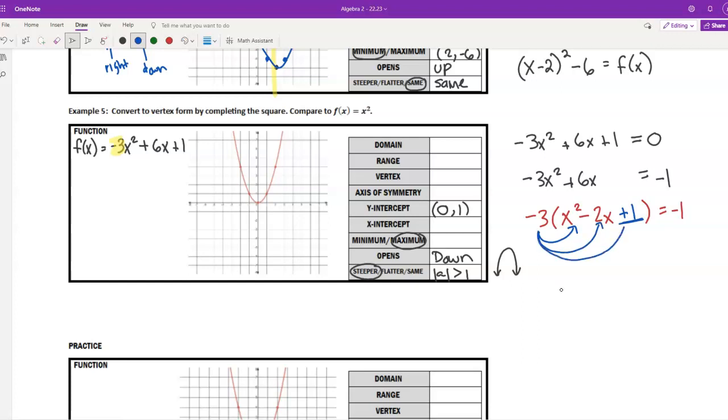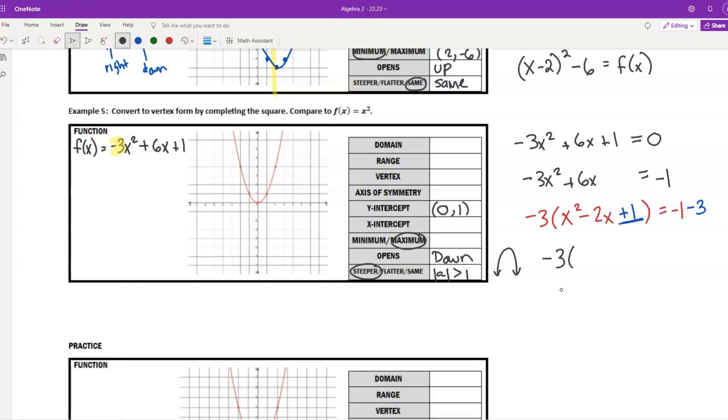But remember, I got this negative 3 times a positive 1. So what am I really doing? I'm really adding a negative 3 to this side. Even though it looks like I added a 1 because there's that multiplier out there, I really added a negative 3. So I've got to do the same thing to both sides.